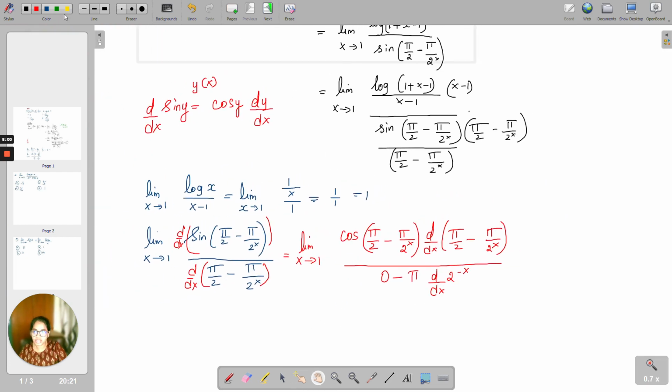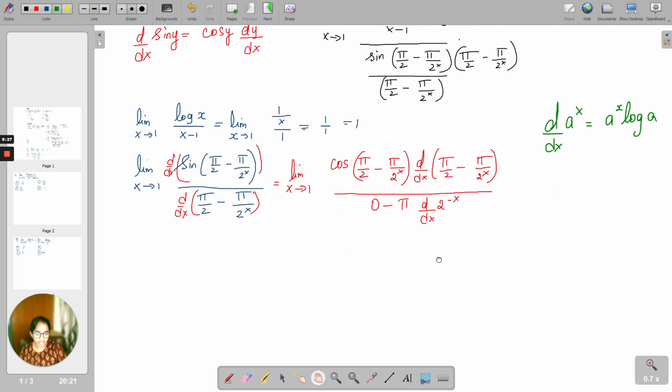What is the differentiation of a power x with respect to x? Can you recall? It was a power x into log a. So what do we have in the place of a here? We have 2. In the place of x, we have 2 power minus x.